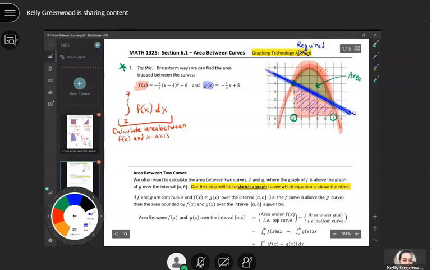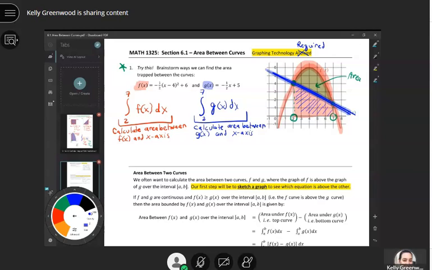So I can calculate that. That would just be the integral from 2 to 7 of the g of x function dx. So this is going to calculate the area between the line, so g of x, and the x-axis.